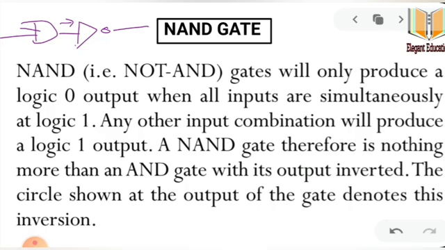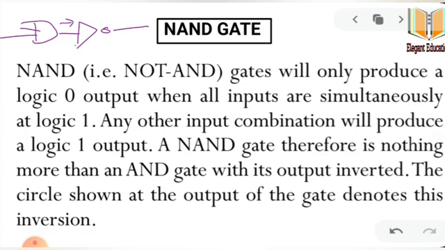Now how this happens, we'll see with the help of the circuit diagram. Before that, we'll see what they want to say. The NAND gate is the only gate which will produce logic 0 output when all inputs are simultaneously at logic 1. When both the inputs are low, output will be high. Any other input combination will produce logic 1 output, a high output.